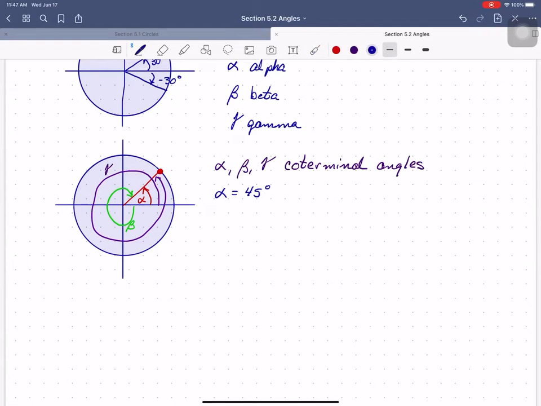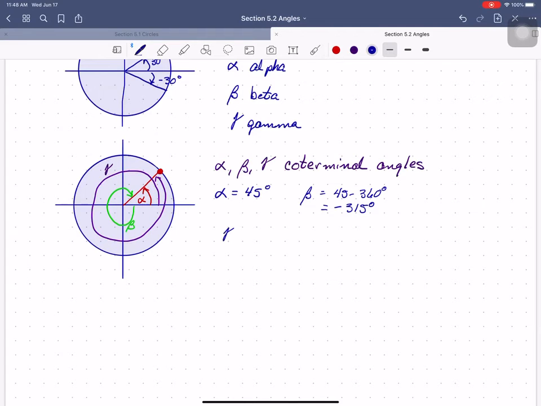So beta would be a negative. It's not negative 45 because I didn't go 45 degrees. I went 45 minus 360 degrees, which is negative 315. So that's a negative 315 degrees.